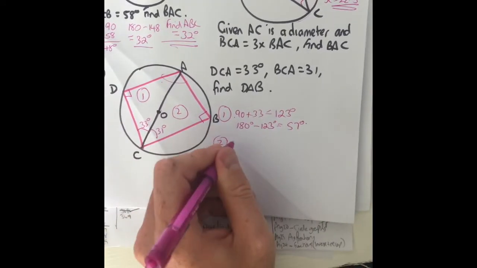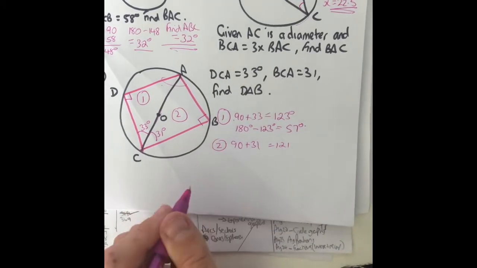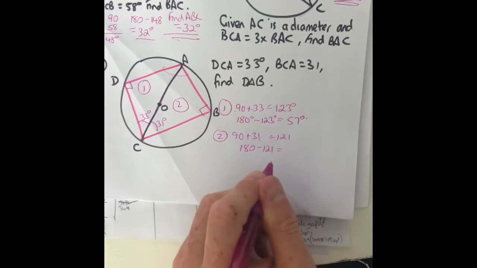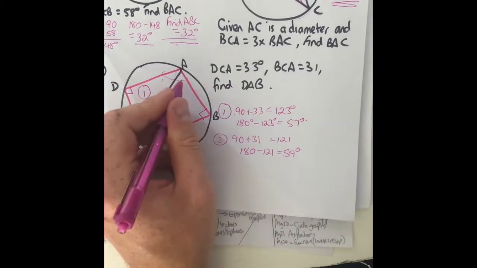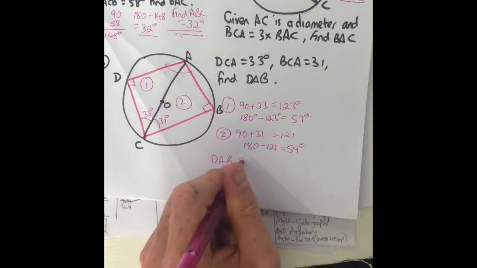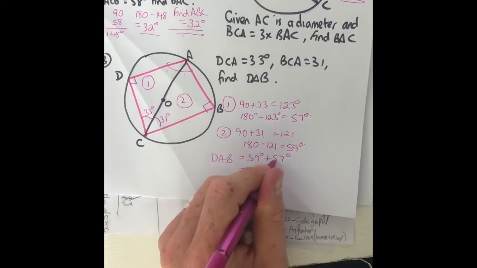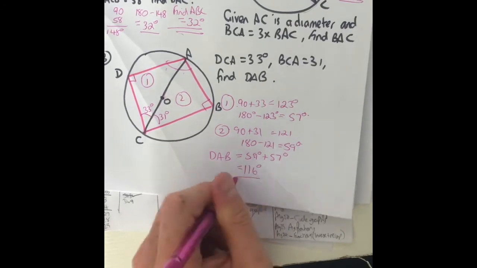Number 2, 90 plus 31 is 121. 180 take away 121 is 59. So that's 57, that's 59, but it wants the whole thing. Therefore, DAB is 59 plus 57. That's 116 degrees. Done.